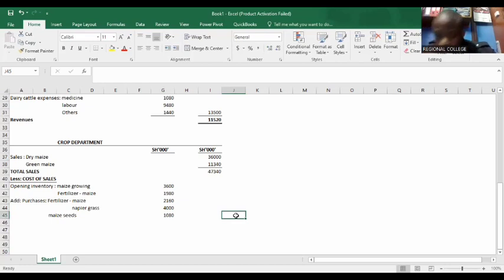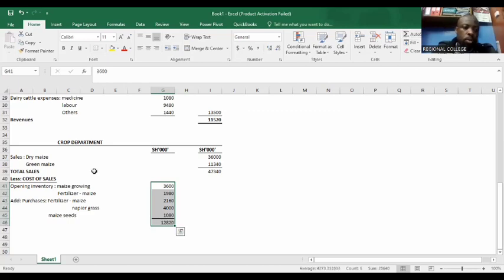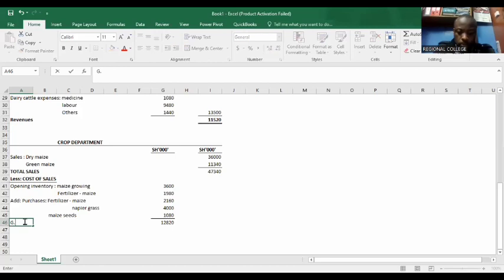Then we go to closing stock. We have for maize 2700. Are goods available for sale?